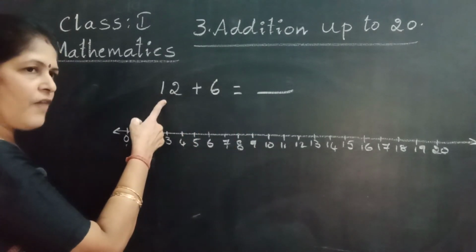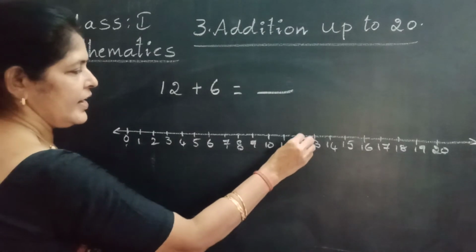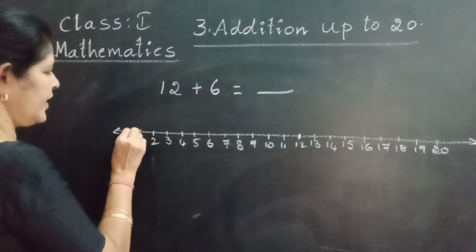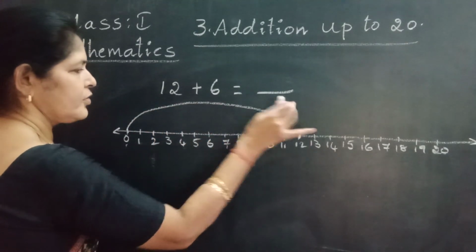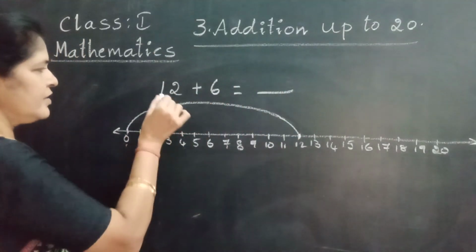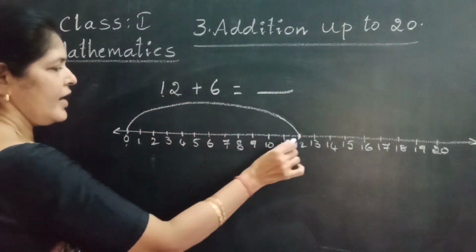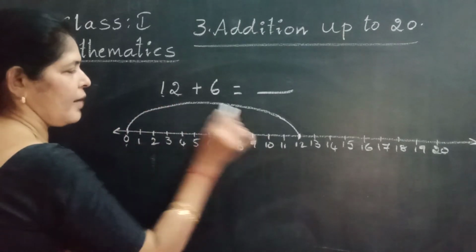Why? First number is 12. Here is 12. Make a line up to 12. Don't go too far forward. Okay, this is the first number. 12 is on the number line.